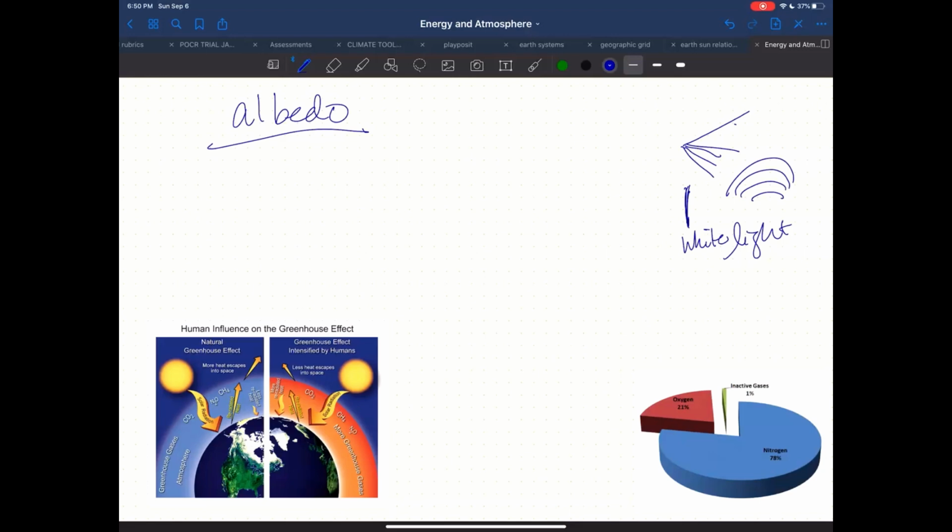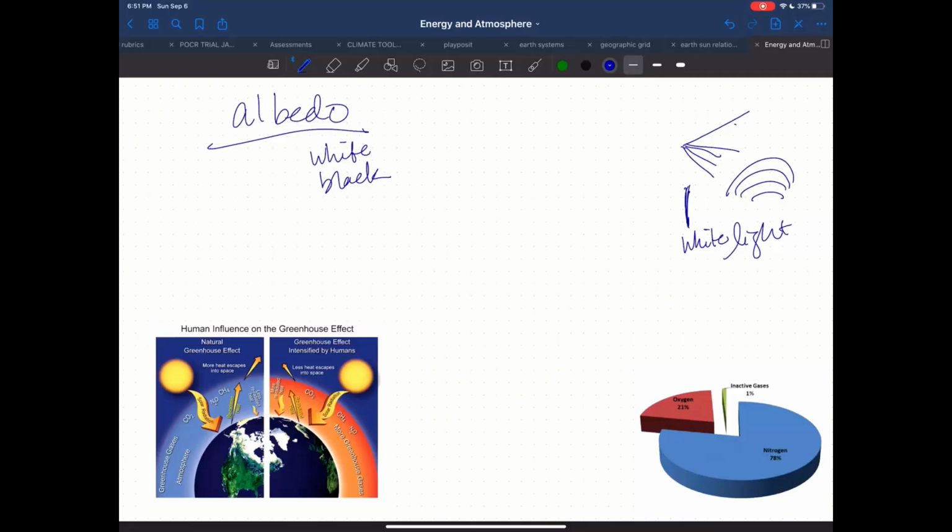So this has to do with albedo because of the reflective quality of something. If something reflects a lot of the sun's light, all of the wavelengths, it's going to appear white. If it's absorbing most of the wavelengths and the sun's energy, it's going to appear black to us.